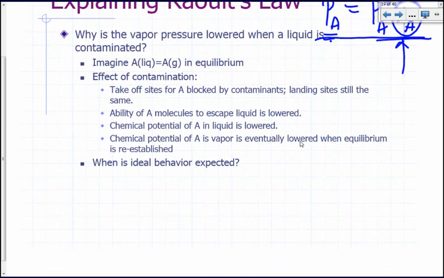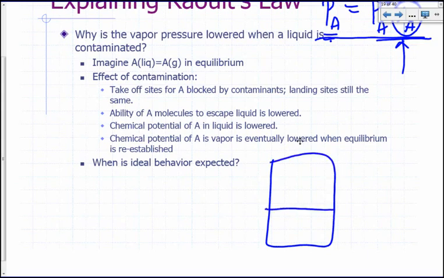So if you were to look at liquid A in equilibrium with gaseous A, you have A in the gas phase right here, and let's say you have 1, 2, 3, 4, 5, 6, 7, 8, 9, 10 molecules. That's pure liquid A in equilibrium with gaseous A. So at equilibrium, the rate at which molecules take off and go into the gas phase is equal to the rate at which molecules land back onto the liquid.